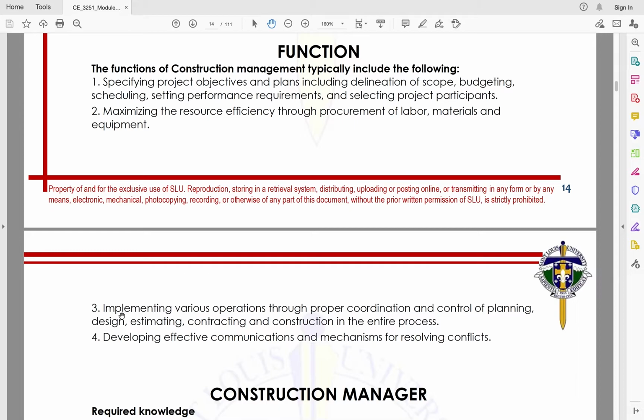Number three, implementing various operations through proper coordination and control of planning, design, estimating, contracting, and construction in the entire process. So, implementing of various operations.